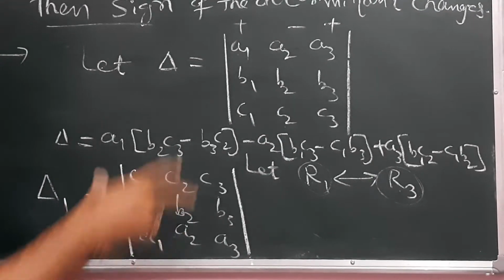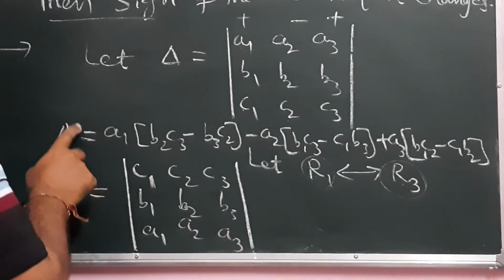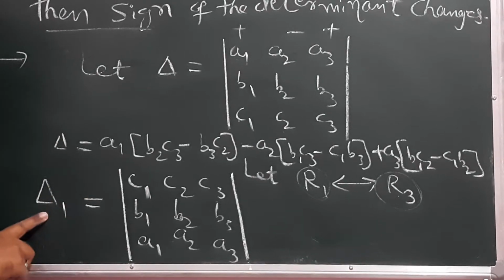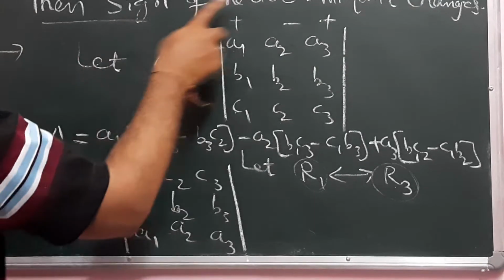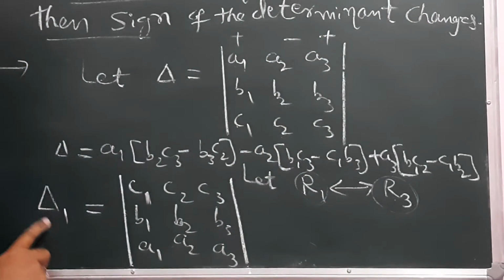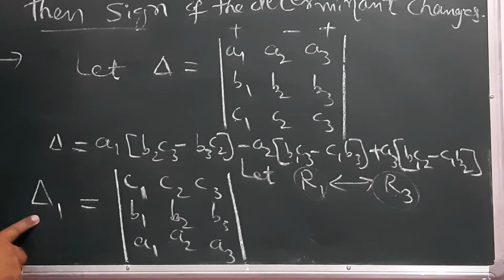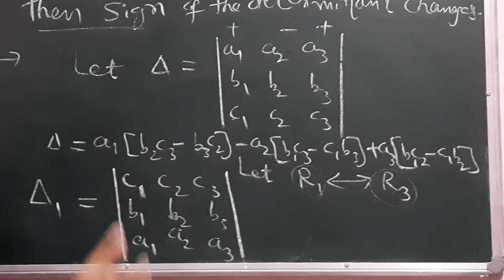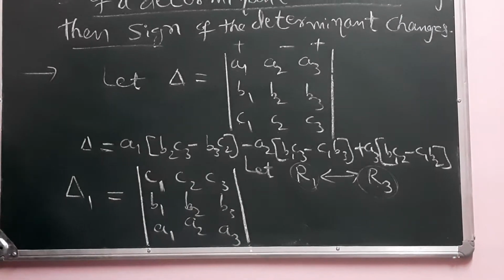This determinant. Okay, so then the property says whatever the value I get, the sign of the determinant changes. That means after expansion I will see that the sign will change. We can verify it by taking a 3 cross 3 determinant here, or we can generally expand this and show that the sign changes.